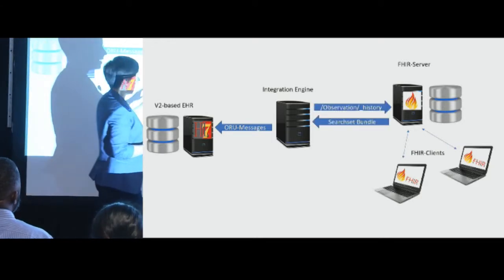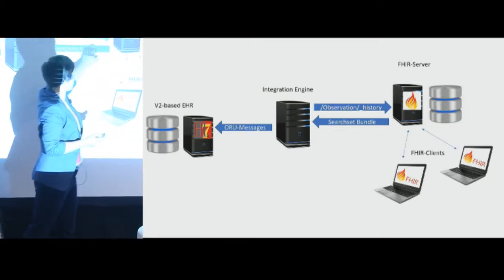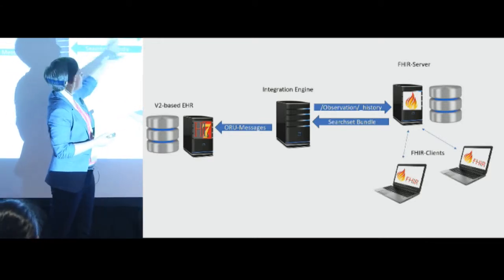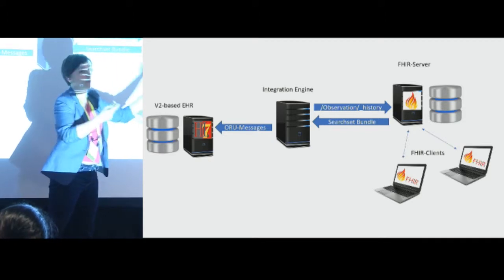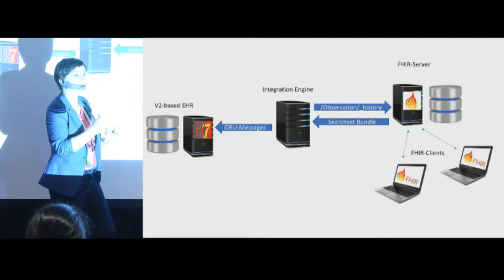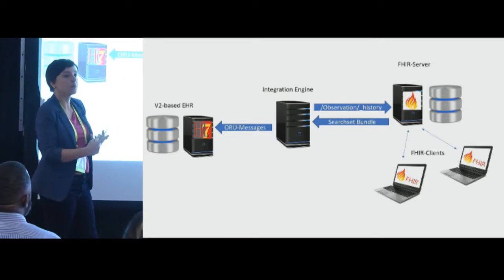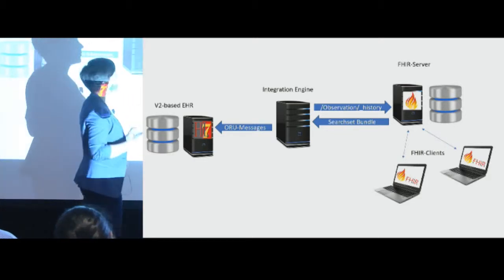Somehow we have to figure out whether there's new data on the server, which we can do through the history interaction. By querying the FHIR server for its history of all observations, we will get a bundle in return that tells us about all the observations that have been created, updated, or deleted on the FHIR server in a certain period of time.